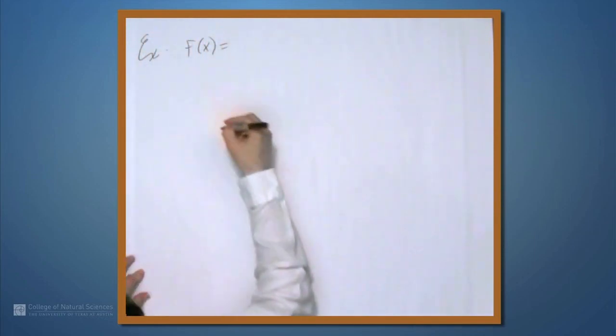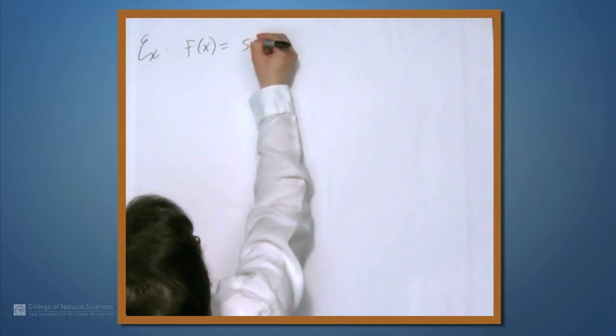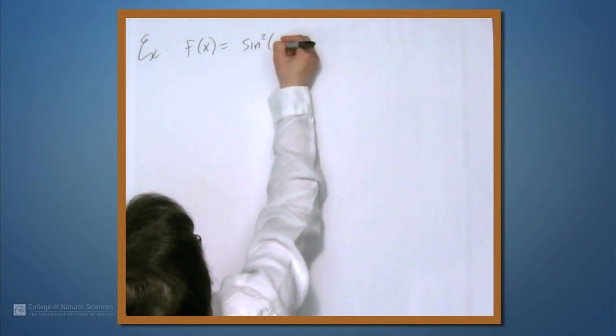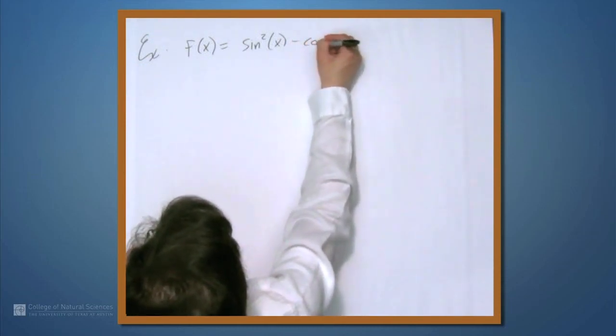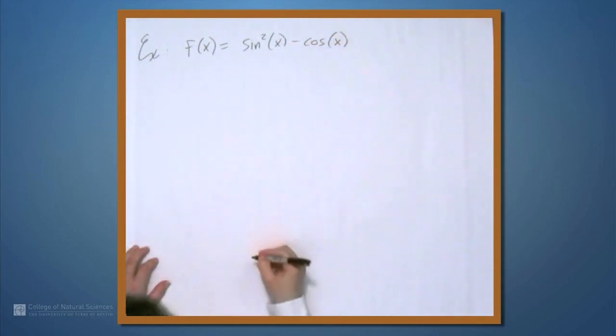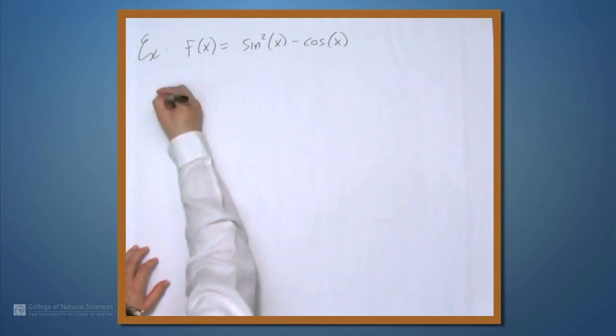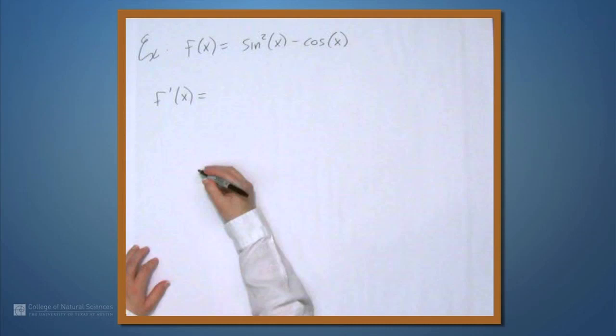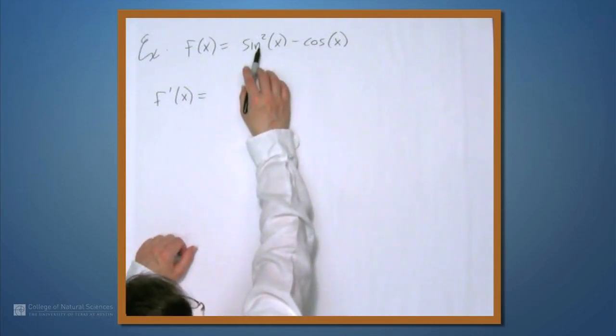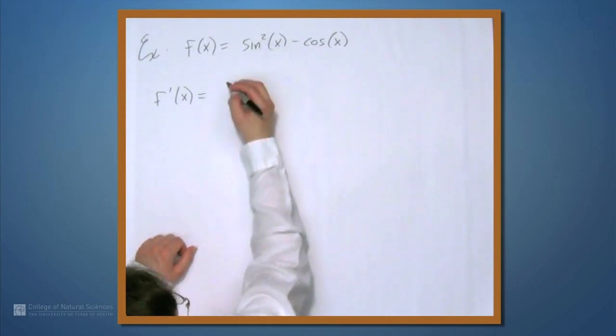Suppose f of x is sine squared x minus cosine x. Then f prime of x is what? Well, the derivative of this one, we're going to first use the power rule.